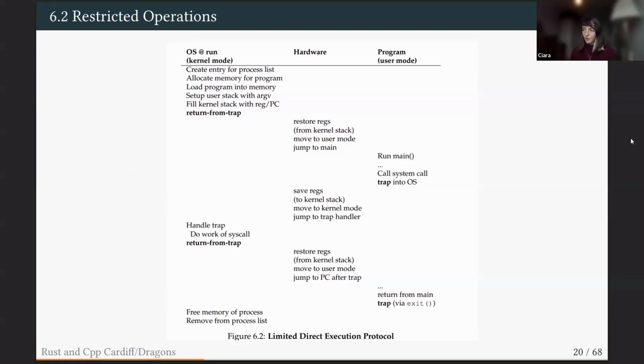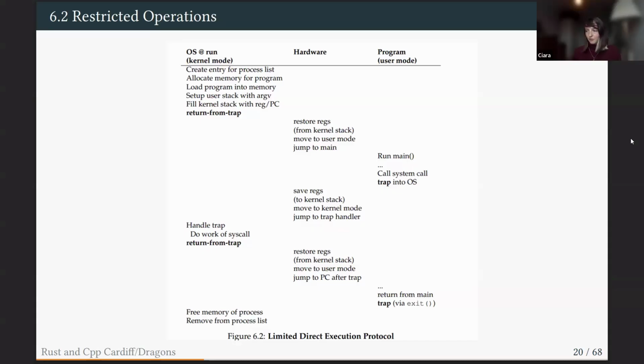If it needs to do a system call at this point, that's when it traps into the OS. And as mentioned, the hardware at that point will save everything off to the kernel stack, so essentially suspending the program, and move to kernel mode and jump to the trap handler, which it knows where it is because of the trap table. This will then handle the trap, do the work of the syscalls because it's got those elevated permissions because it's in kernel mode, and then we'll execute return from trap so that it can then kick off the program again.